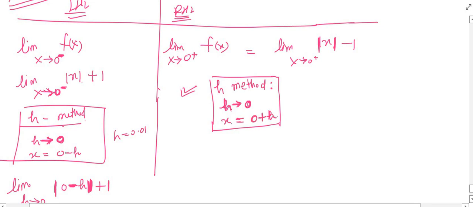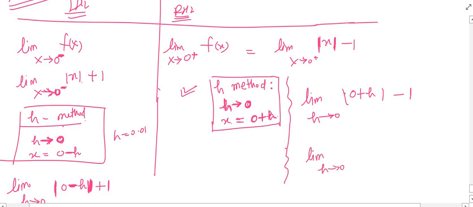Okay, here it was 0 minus h, here it is 0 plus h. Fine. So let me do it. Limit going to 0 plus h minus 1.